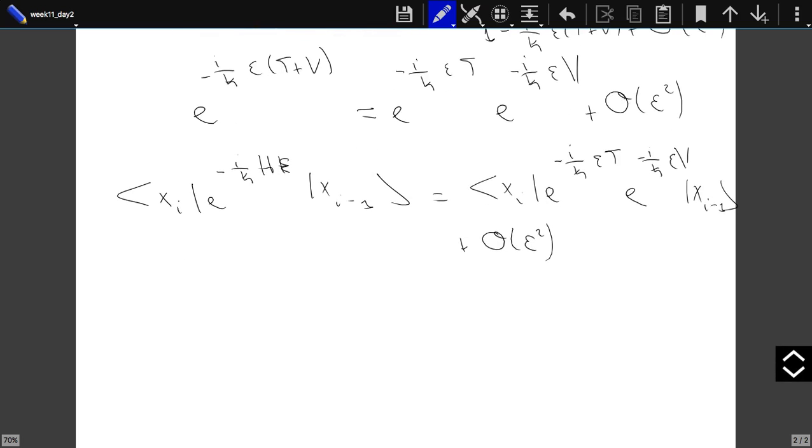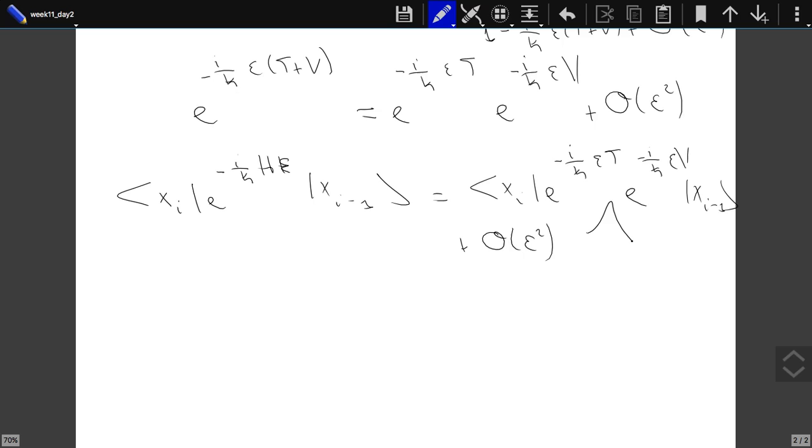I can insert an identity over here again. Since one of these depends only on the momentum and the other only on the coordinate, I can insert an identity of momentum. The V I can already take out, because V acting on xi minus 1 just gives me the value of the potential at the point xi minus 1.